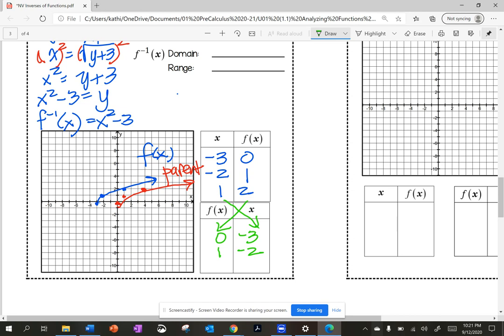And 1, 2 becomes 2, 1 for my inverse. So now I'm going to plot my inverse points. So this is 0, -3, 1, -2, and 2, 1. So these points go like this. So this is my inverse.